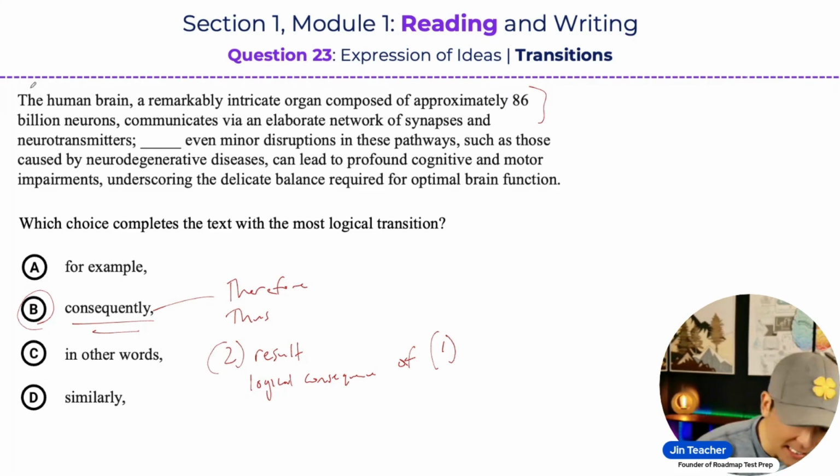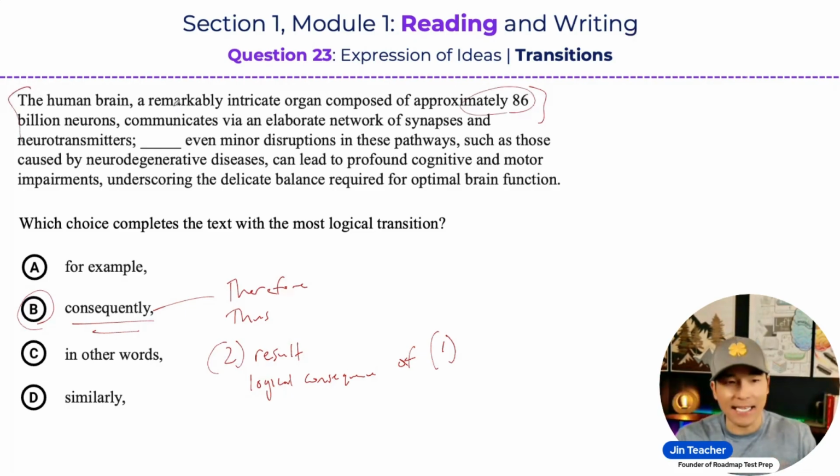Because the previous sentence tells us that the human brain is such a complicated system. There are 86 billion neurons in it, and it's extremely complicated the way that they communicate. And so because of that, what's the natural or logical consequence of that extremely complicated system?